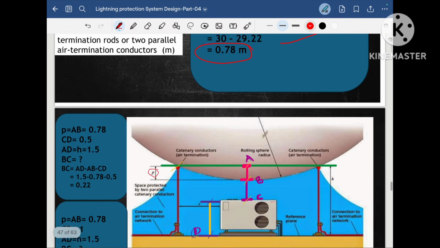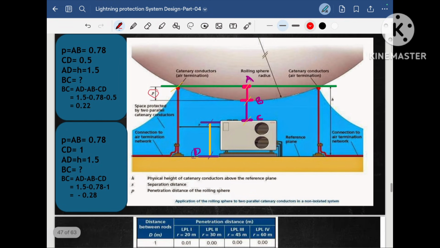Now, this is the photo. So this penetration distance is how much? Here it is 0.78 meter. Suppose our equipment is 0.5 meter height, one example I am taking. So P, the penetration distance, is equal to AB, point A to B, which I mention here, which is equal to 0.78.